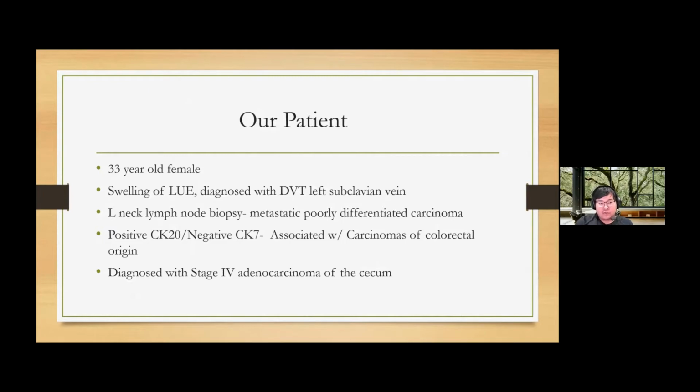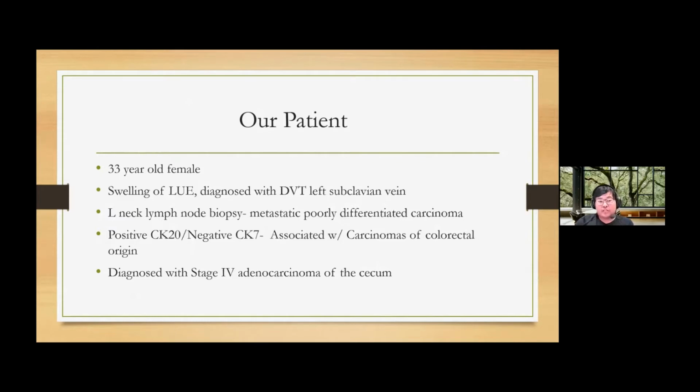CK7 and CK20 are stains that are pretty useful in telling us where something is located. For example, CK20 negative, CK7 negative usually, I believe, indicates cancers of urothelial origin.